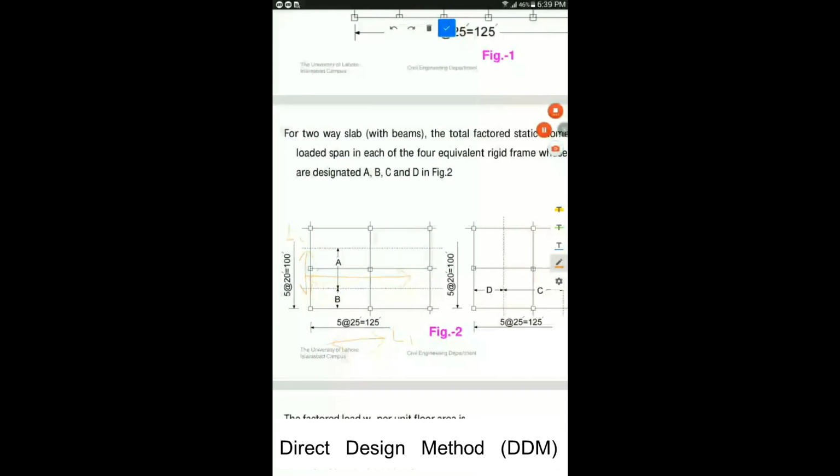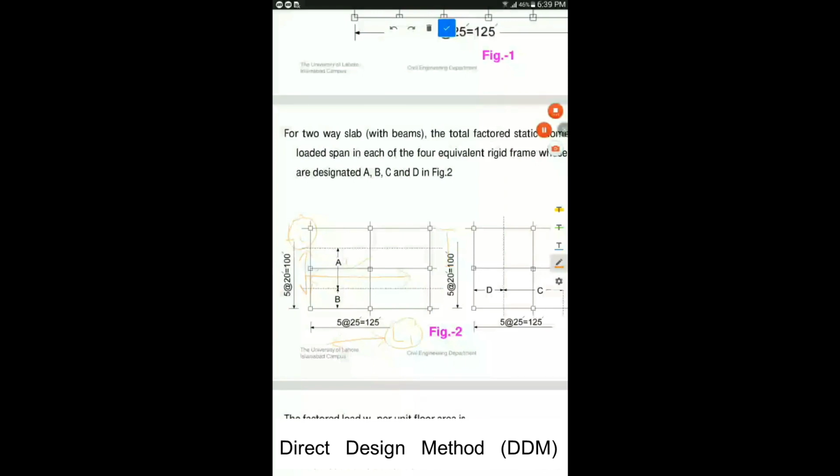L1 will be the longitudinal and L2 will be the transverse center to center span. We are given that this dimension center to center is 20 feet. So for equivalent rigid frame A, L2 will be 20 feet.